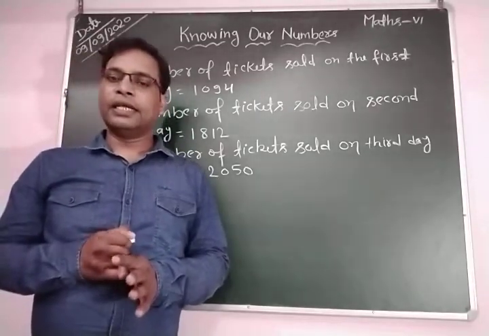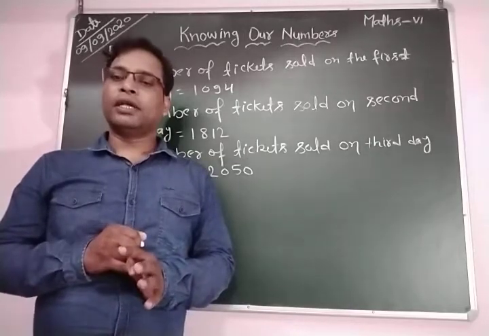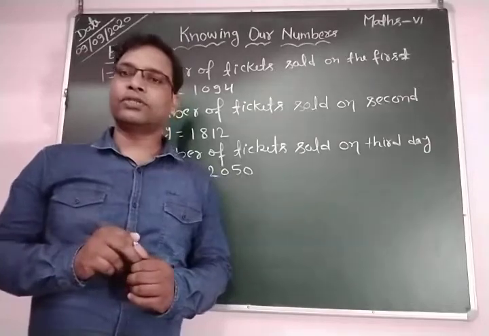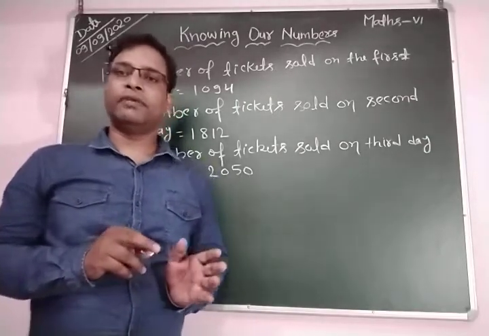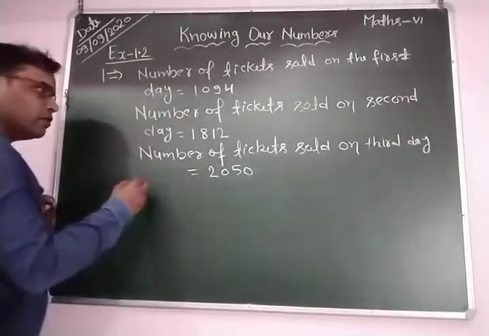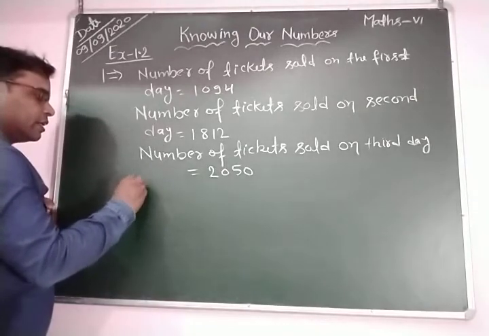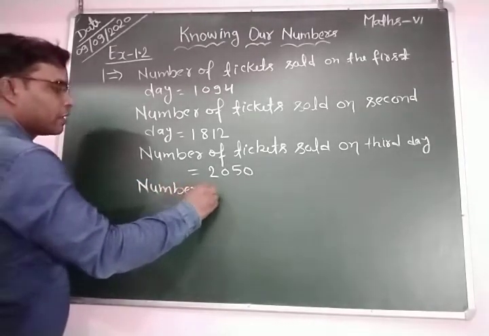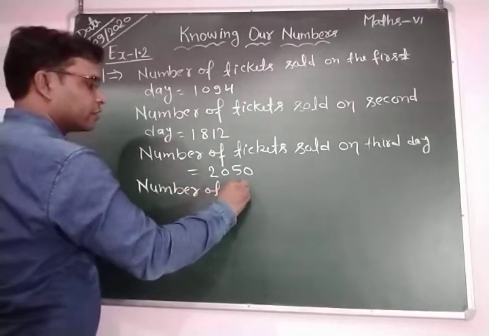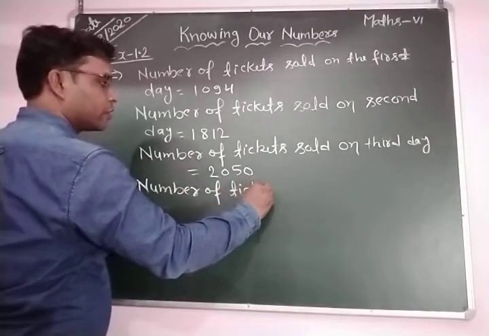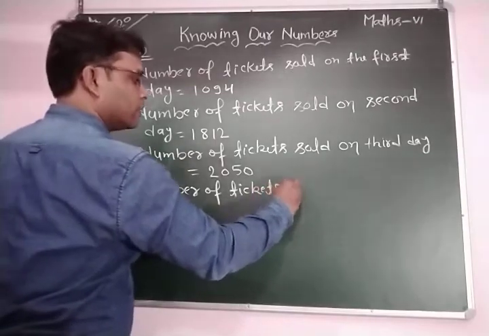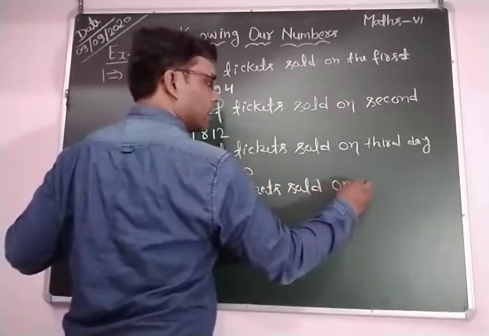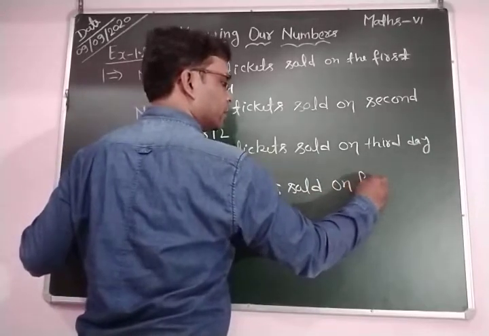Now the next day, the fourth day. Number of tickets sold on the fourth day is equal to 2751.